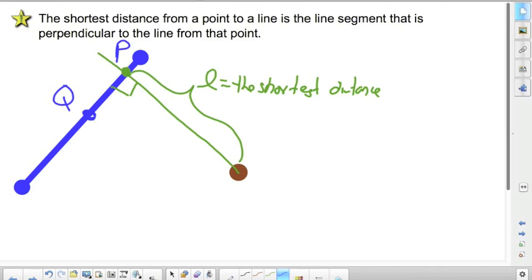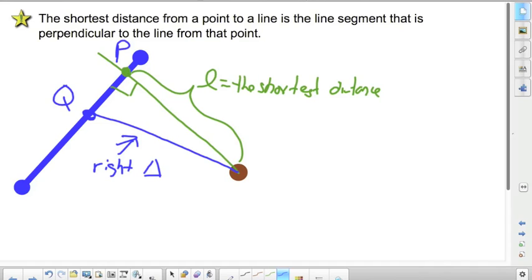If I draw a line from the point to point Q, it's not the shortest distance, but what do I get? We get a triangle, a right angle triangle. So this is a right triangle.